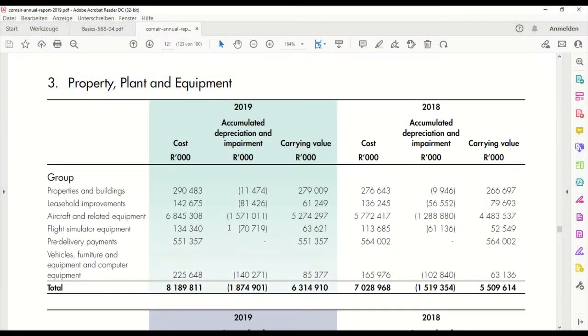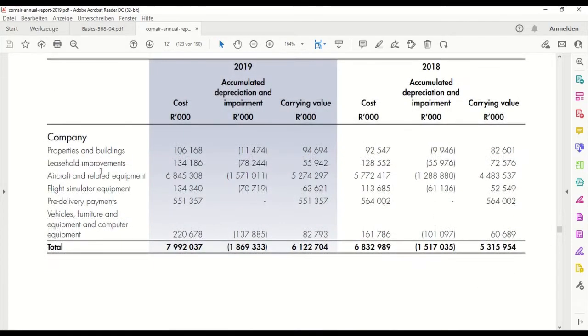Companies report about the values of property, plant and equipment on group level by a register of non-current assets. This register of non-current assets is for an airline, Comair, for their fiscal year 2018-2019.